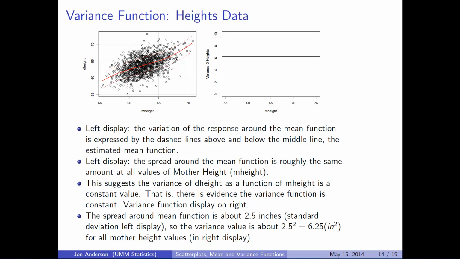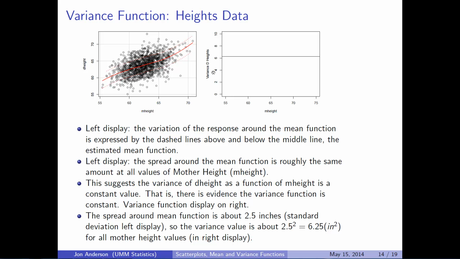Notice the variation in daughters' heights is about the same number of inches above and below the mean function as it is for shorter mothers. That's an expression of a constant variance function. And that's what I've been talking about in this first two set of bullets. That translates to a constant variance function.